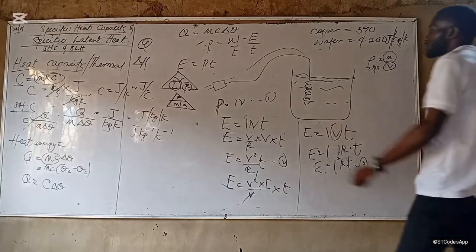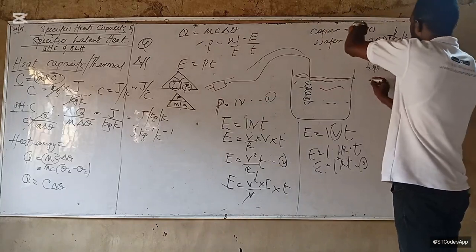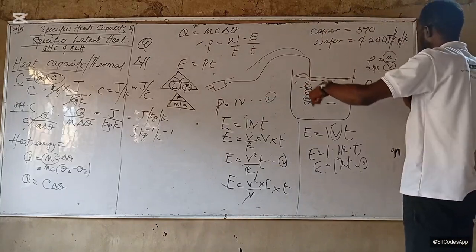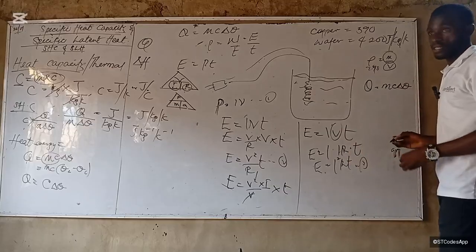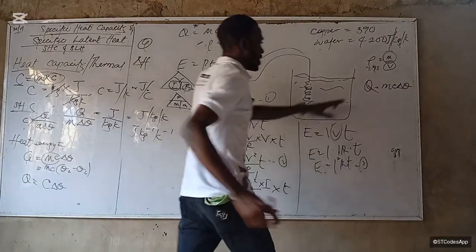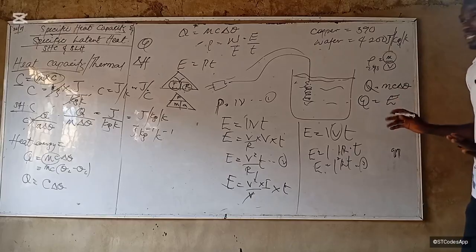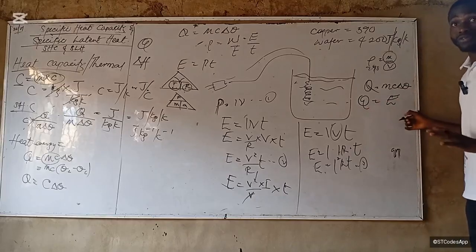Now, the amount of energy here is the amount of heat energy that we supply there. And we know that total heat energy is equal to what? MC changing theta, right? So by bringing all the formulas together, heat energy here will be equal to electrical energy by the principle of conservation of energy.